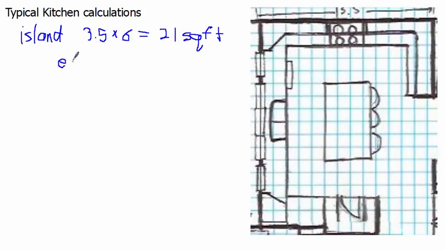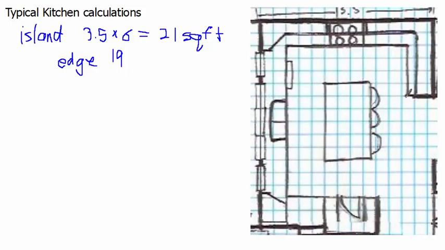So I can go ahead and actually count around it and do 19. Now the other thing that I could do is, I know it's a rectangle, so 2 times 6 is 12, and 2 times 3.5 is 7, and 12 plus 7 is also 19. So I need these two numbers for the island. The island's going to have your largest edge.